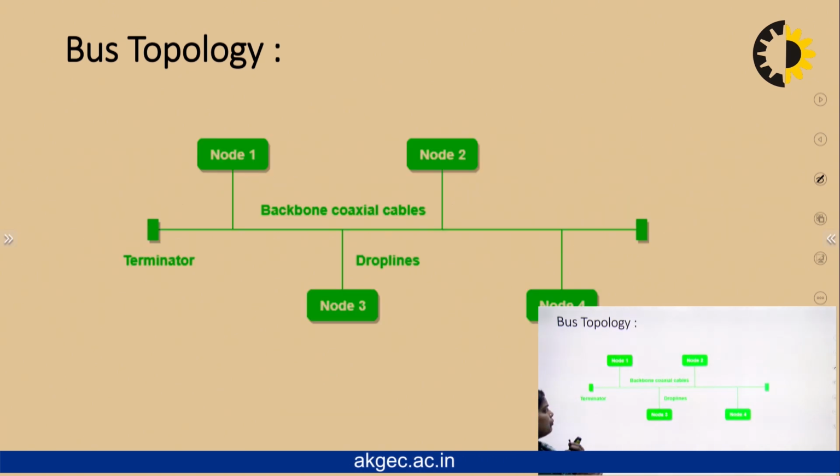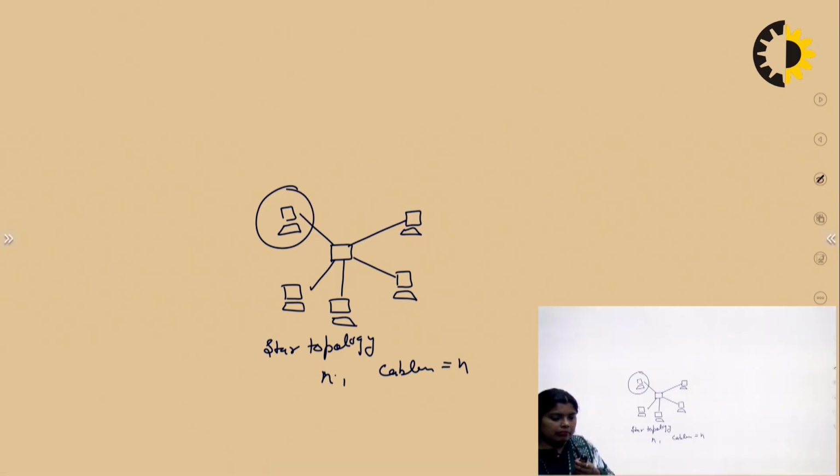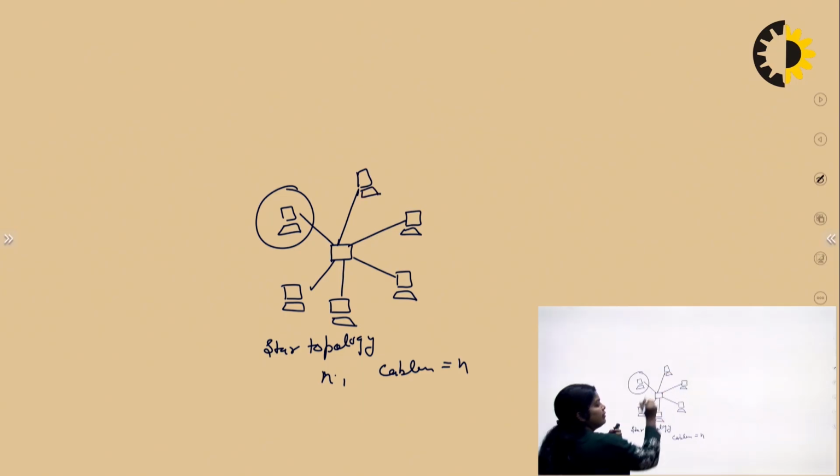As you can see in the star topology, if one particular node is disconnected or damaged, it is okay. Each and every node will still be configured easily. And if I need to connect one more system, only one cable is required, that is also okay.